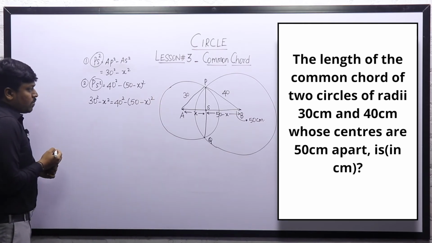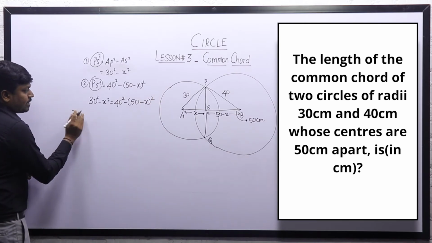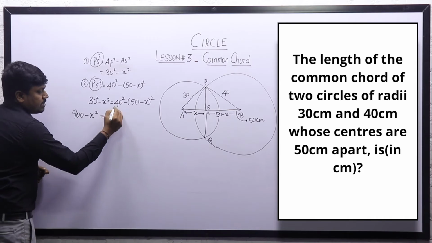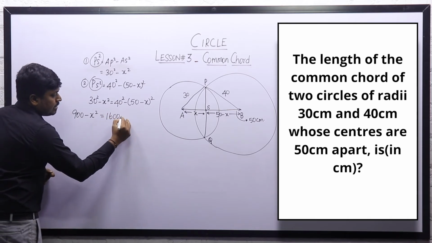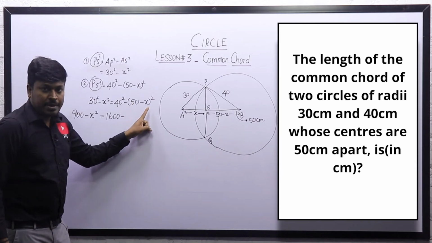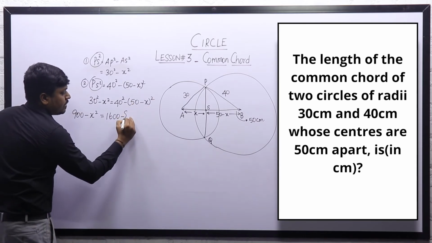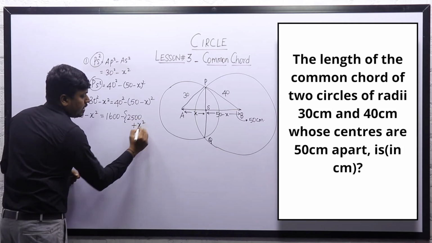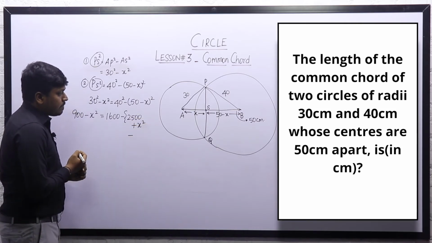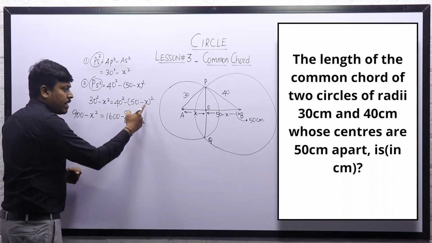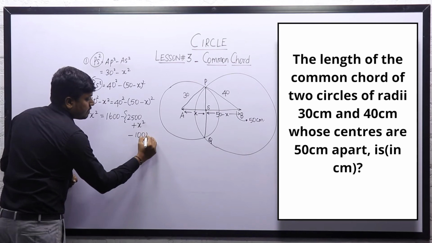Understood? So now what we can do is, 30 square will be 900, so minus x square, is equal to 1600 minus, so (a minus b) whole square, a square will be 2500, b square will be x square, minus 2ab, so 2 into a into b, so 2 into 50 will be 100, so 100 into x will be 100x.